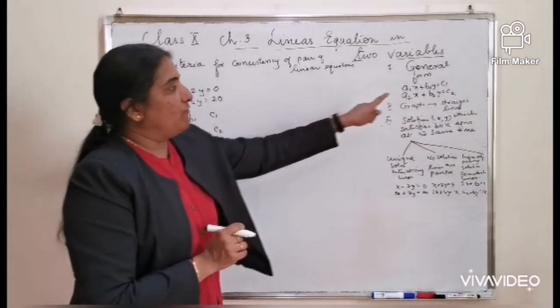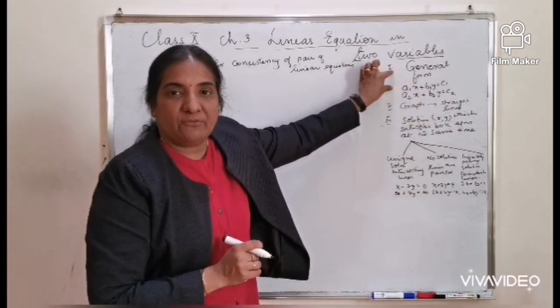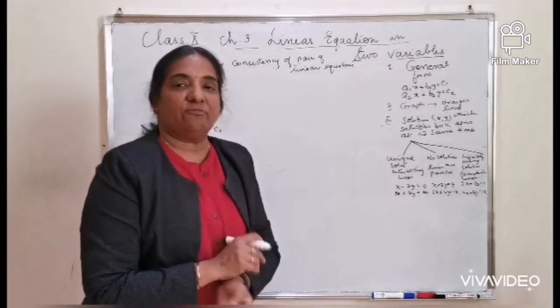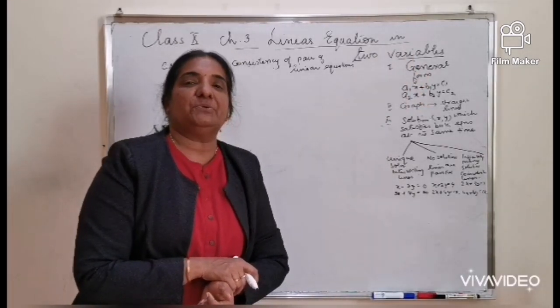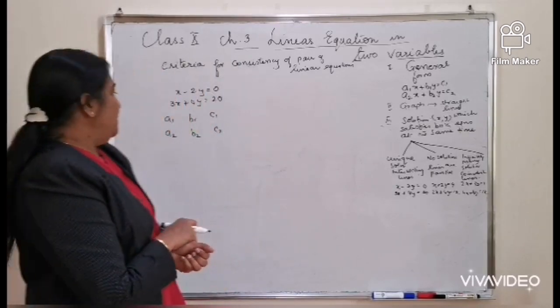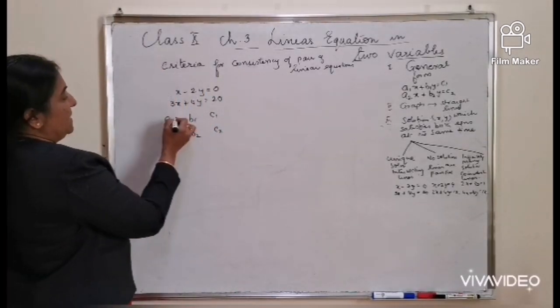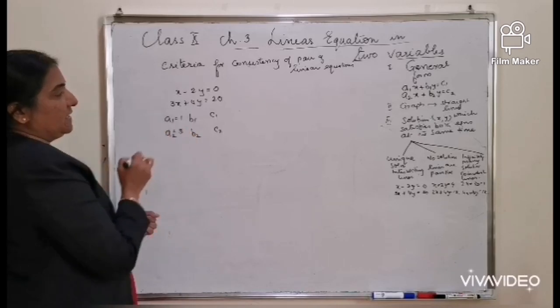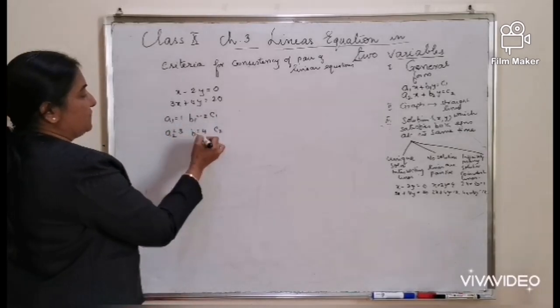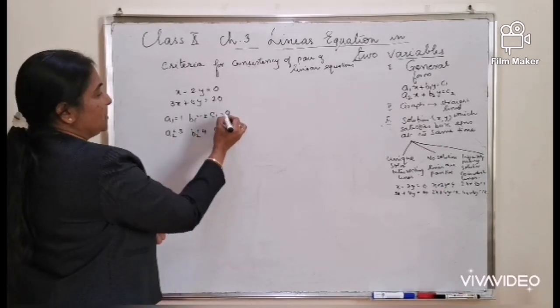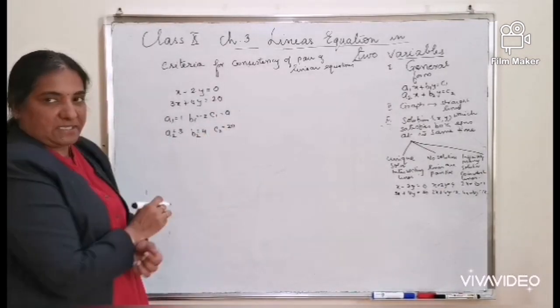The coefficient of x gives you a1 and a2, the coefficient of y gives you b1 and b2, and the constant gives you c1 and c2. So the value of a1 is 1, a2 is 3, b1 is minus 2, b2 is 4, c1 is 0 and c2 is 20.